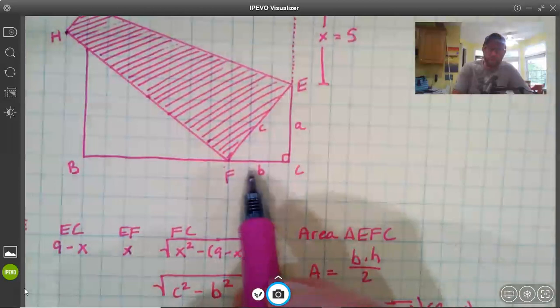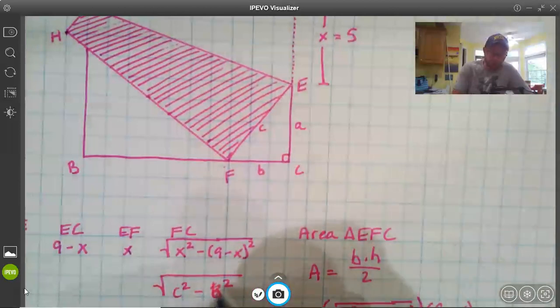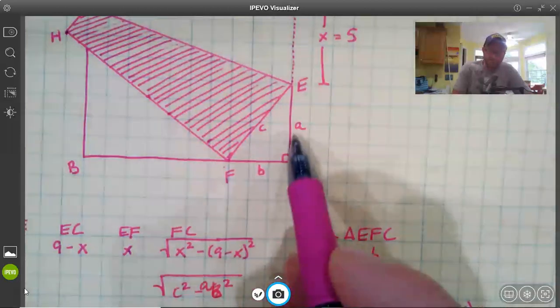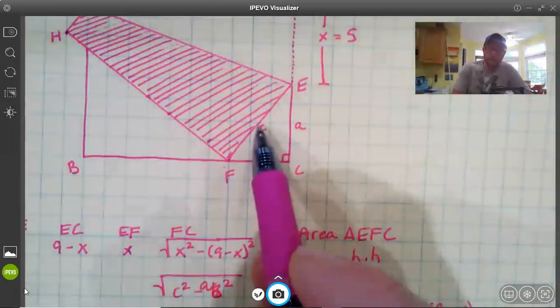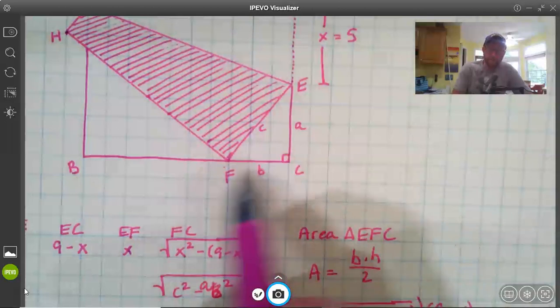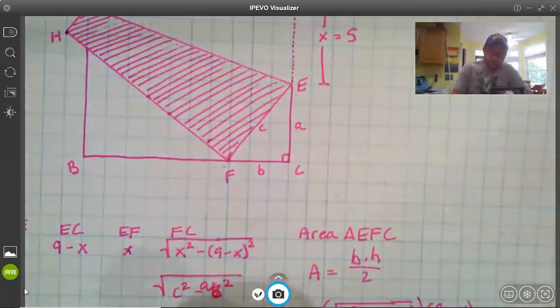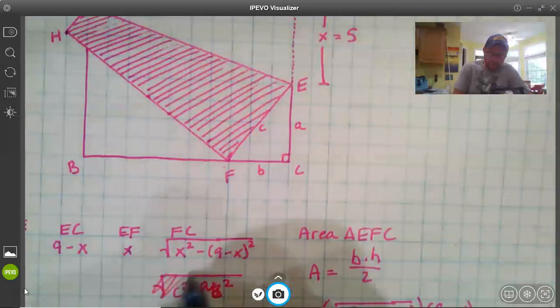I'm sorry, this is a squared in our diagram. C squared minus a squared, where a came from here and c came from here. We're solving for b, and that was side FC. I'll write that down a little bit clearer: c squared minus a squared.